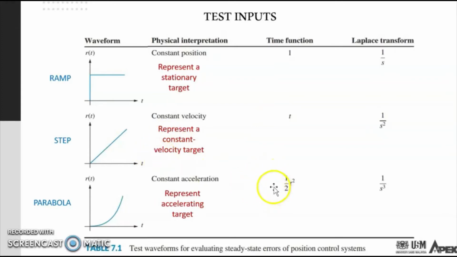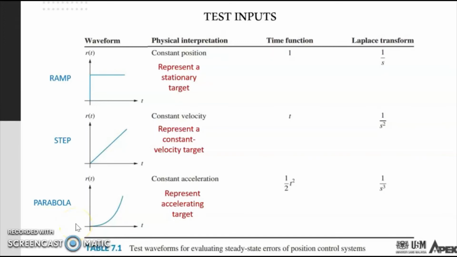And the last one is the parabola, which rises with t squared. Once you take the Laplace transform of each of these, you will get this form. Remember, you can look into the Laplace transform table. So basically the transforms are 1 over s, 1 over s squared, and 1 over s cubed for this one.